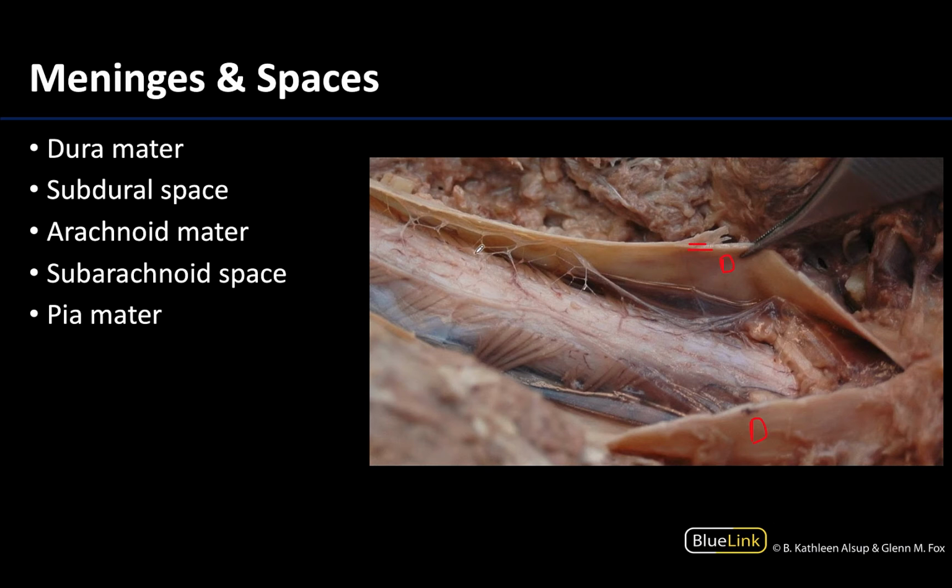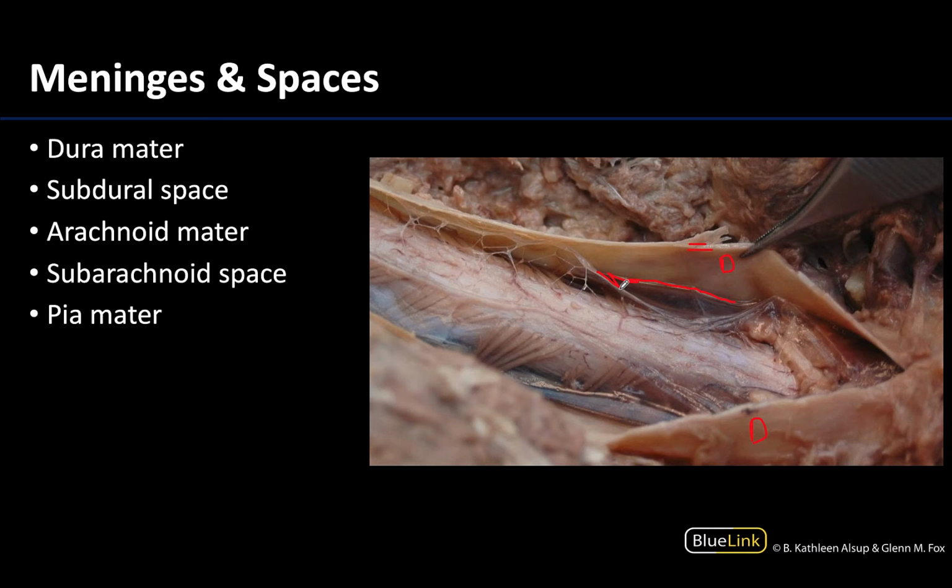And I'm going to skip over the subdural space for just a moment so I can let you have kind of an idea of the arachnoid mater. And usually the arachnoid mater is very closely adhered to the dura mater, and so you would have no space there.